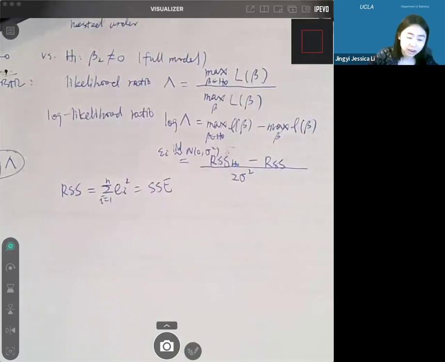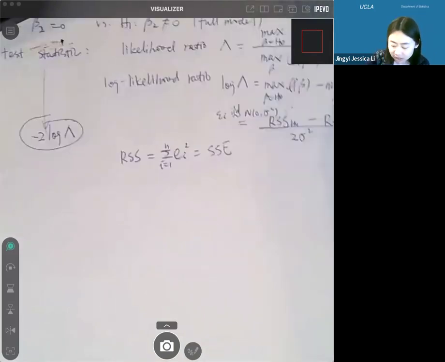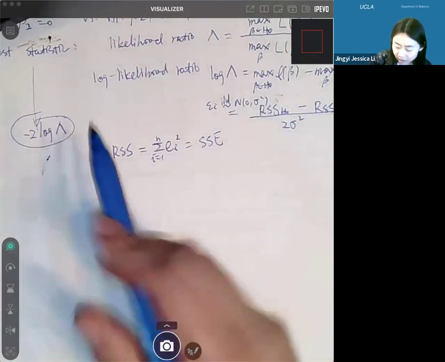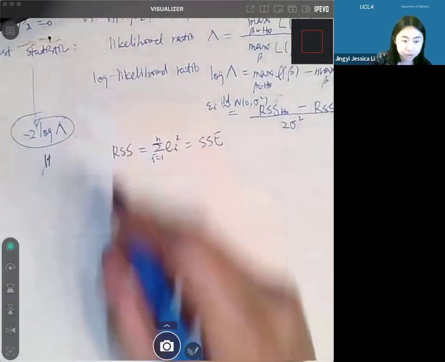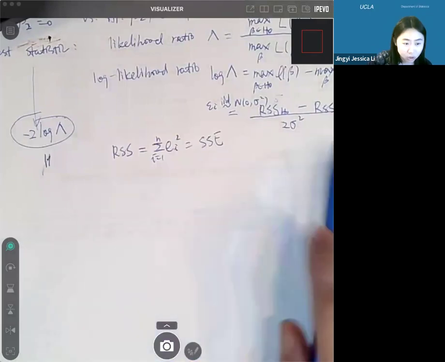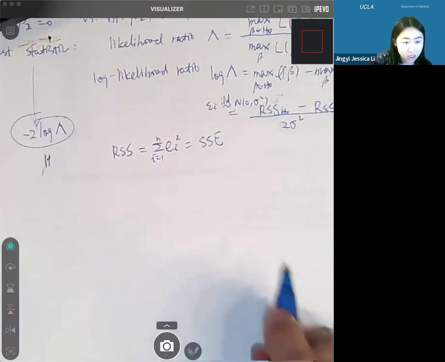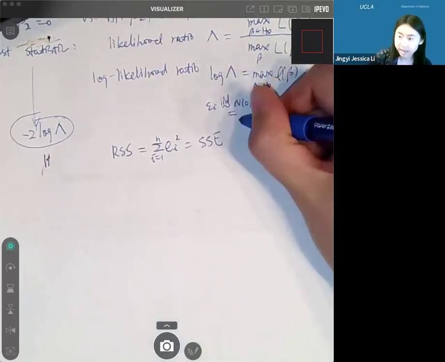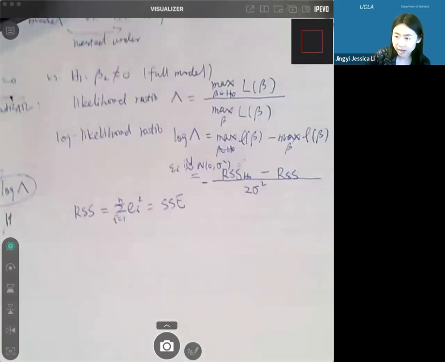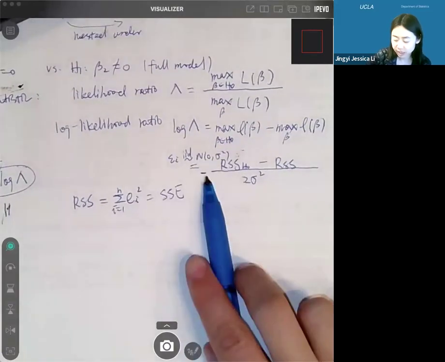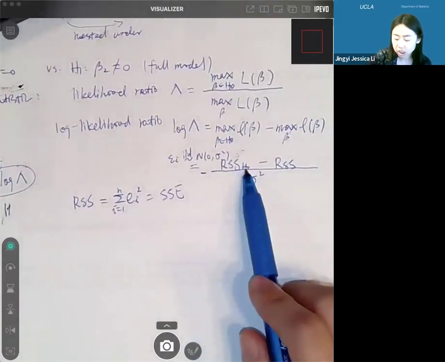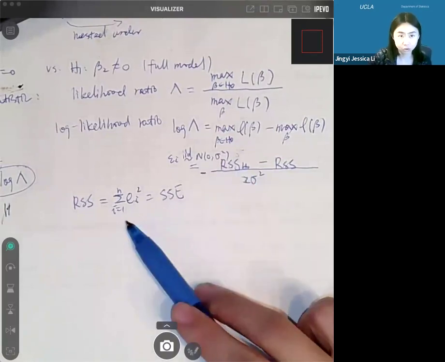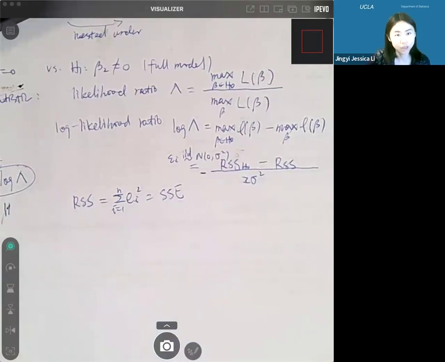And then we just do the multiplication and we would get, sorry, I forgot the negative sign here. The negative sign is important. You can easily see why it should be there, because under the constrained model, we have a smaller likelihood but larger residuals, because the fitting is poorer to the data.